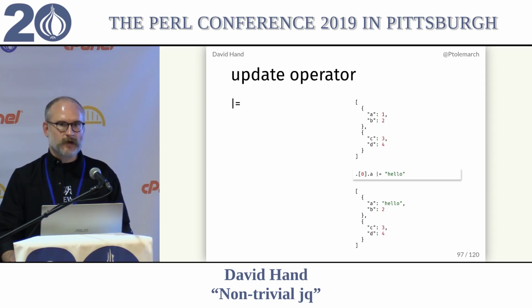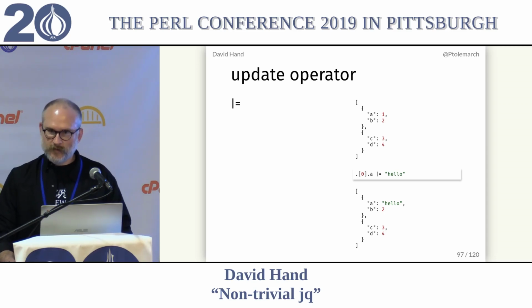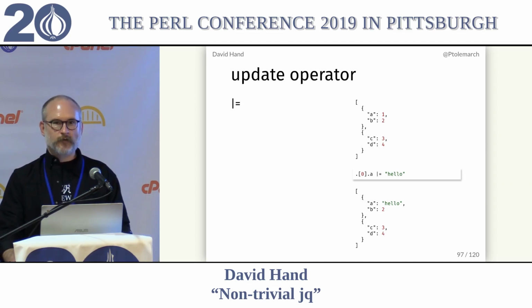But it returns the entire object. Hello is an interesting expression in this case because hello is a literal, which is to say it is a function that ignores its input and outputs the string hello, right?